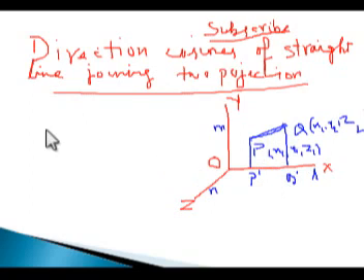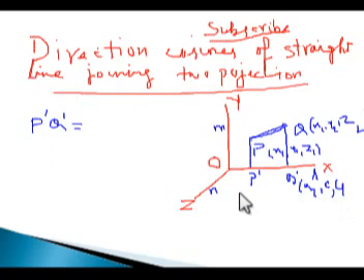The coordinates of Q slash are x2, 0, 0, and of P slash are x1, 0, 0. So we can easily calculate the projection distance P slash Q slash. It will be x2 minus x1.